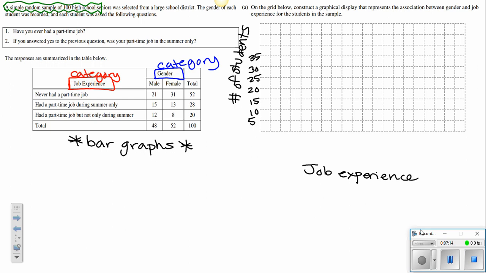In terms of making our bar graphs, we're going to separate the bars into males that fit into that category and females that fit into that category. First up is going to be part-time job, or we can actually just do never. So never had a part-time job.